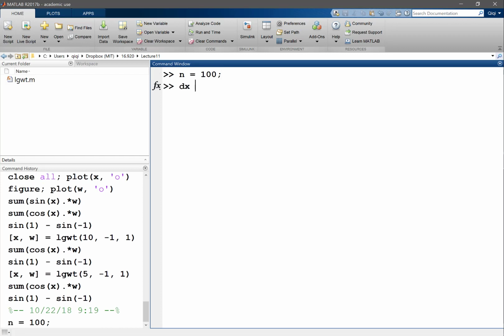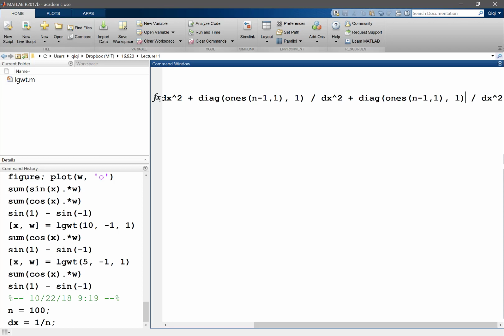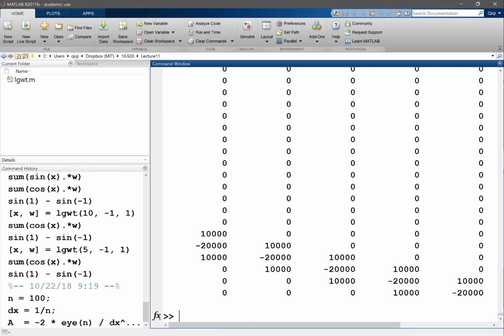All right, dx is equal to 1 over n, and my matrix A is always going to be minus 2 times identity of n divided by dx squared plus diagonal of 1's, and then plus the same thing, but I'm going to be making it minus 1. All right, so basically this only shows the very end of the matrix A, but it looks like it's what we expect.